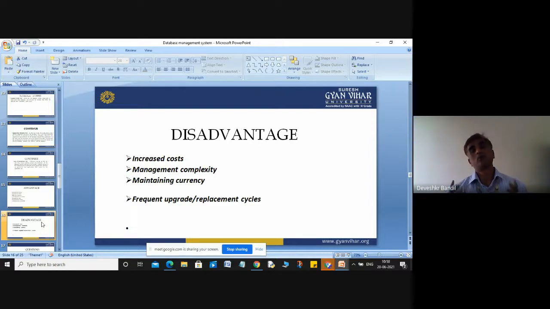That's why the cost of your database automatically increases, along with management complexity, maintaining currency, and frequent upgrade and replacement cycles. So these are the disadvantages of the database.